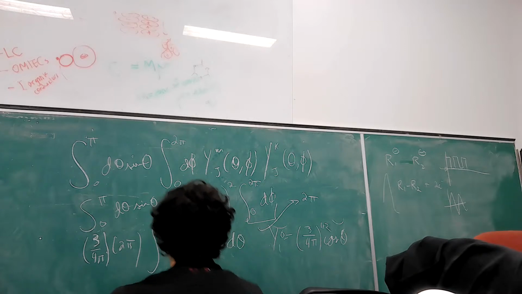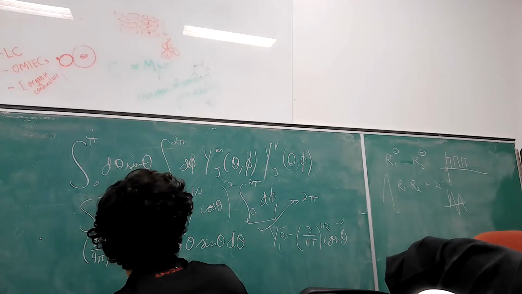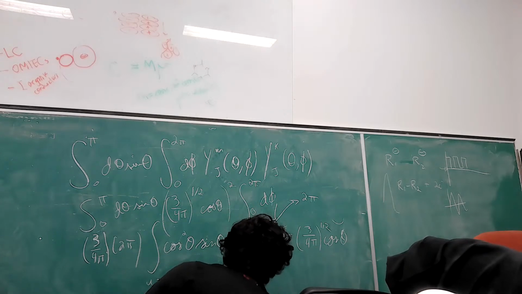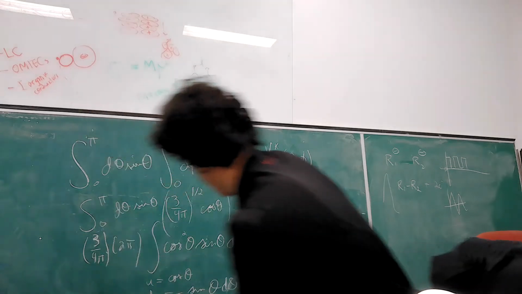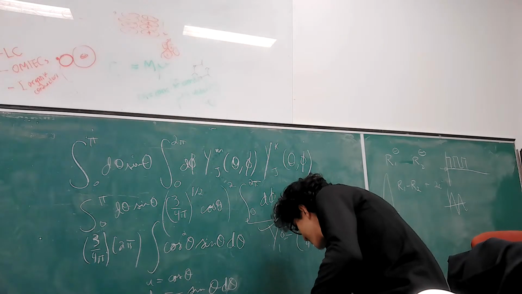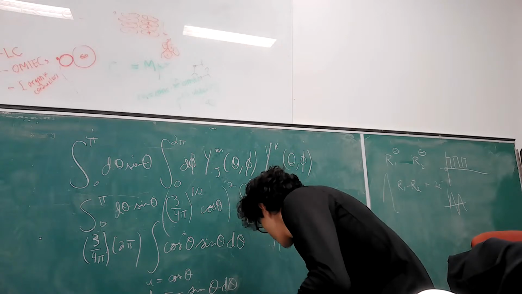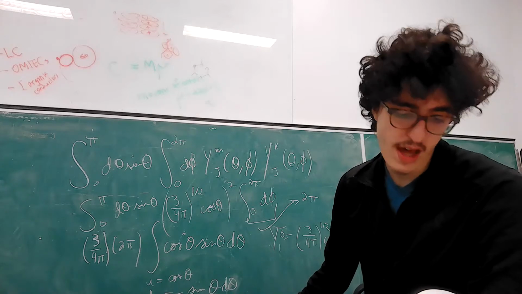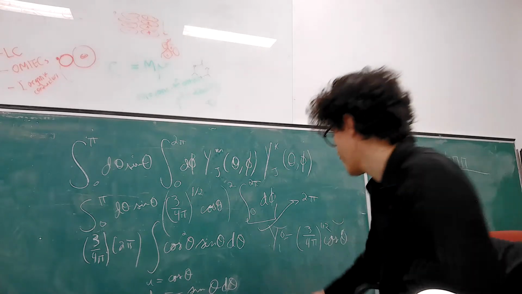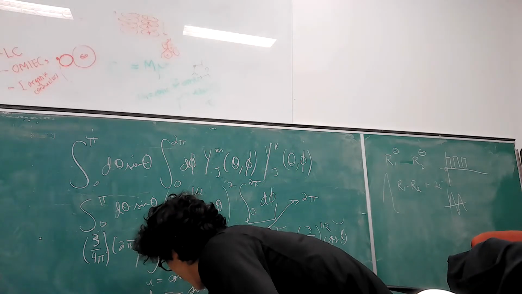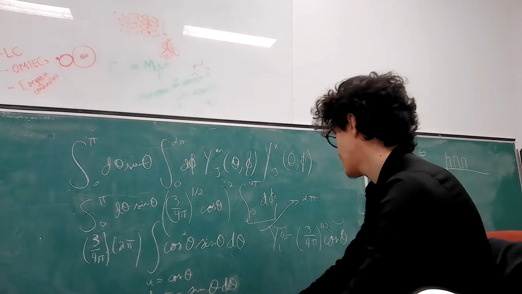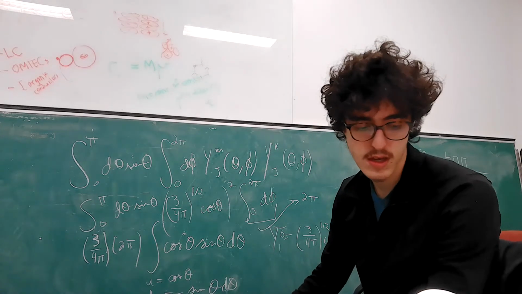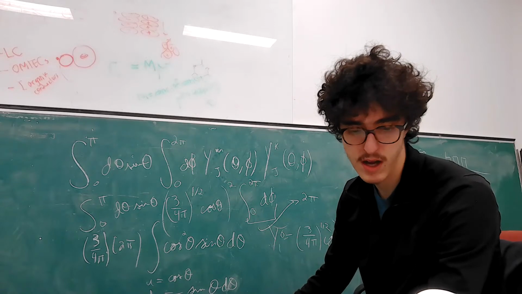So it's minus cosine cubed over 3, that's it. But it's from 0 to pi.